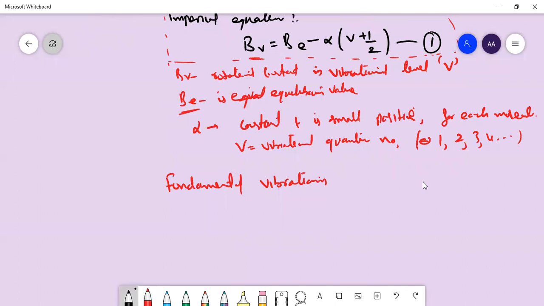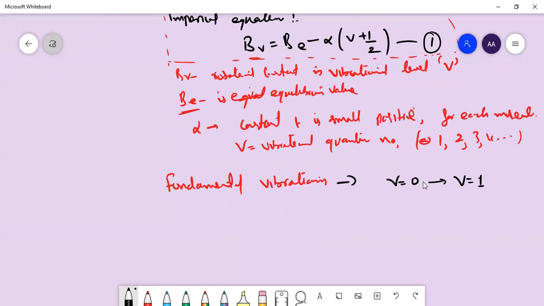What we mean by this fundamental vibration is that we are only considering the change from V equal to 0 to V equal to 1. It means the transition is taking place from the ground state vibrational level to the first excited state vibrational level. V1 is the higher energy level and V0 is the ground state.